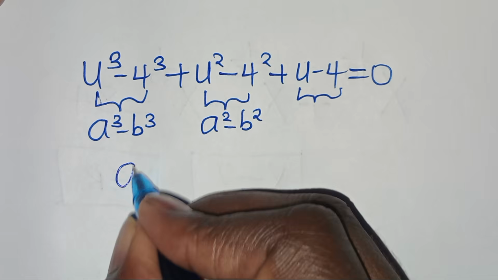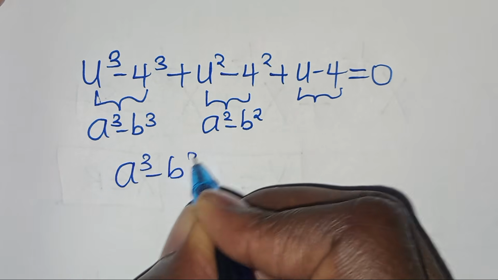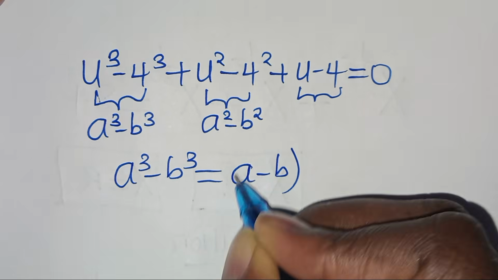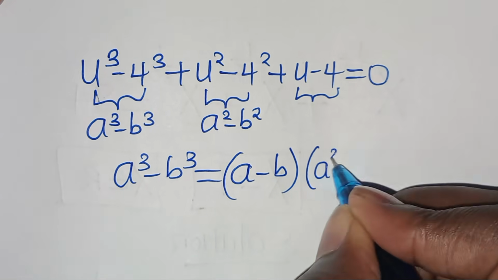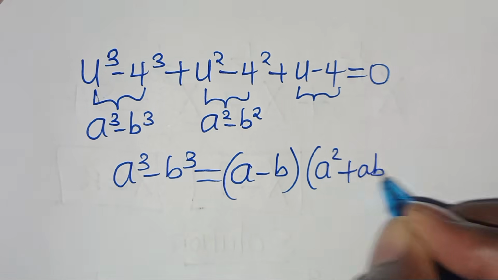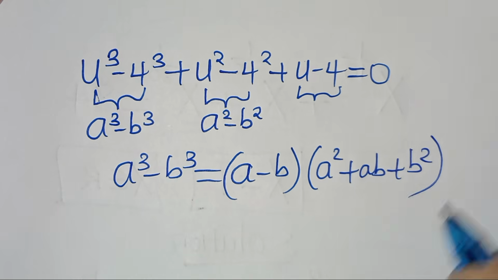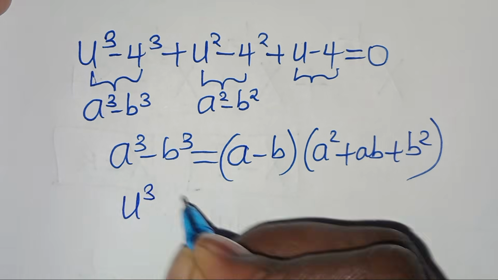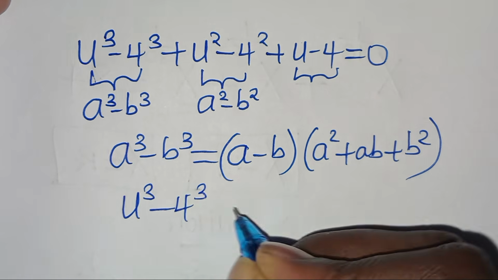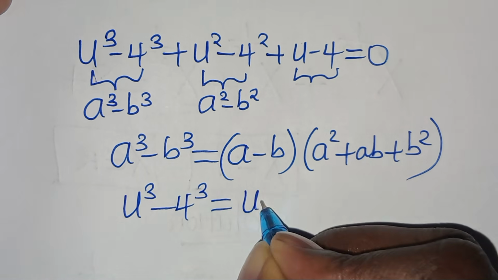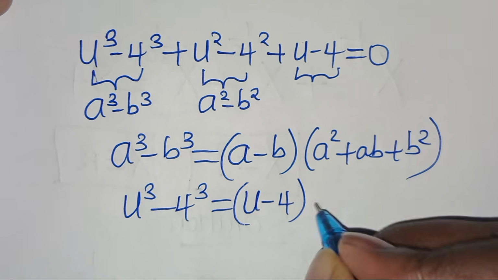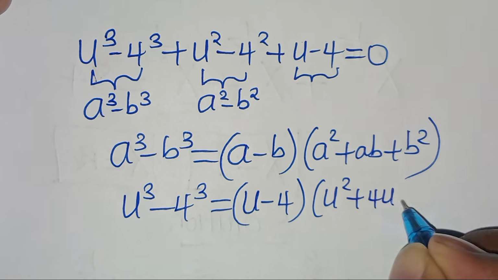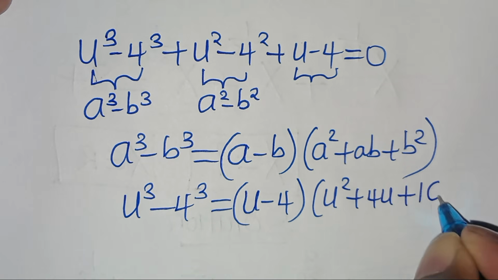So we have that a to the power of 3 minus b to the power of 3 can be expressed as a minus b, a to the power of 2 plus a times b plus b to the power of 2. Applying this identity, then u to the power of 3 minus 4 to the power of 3 can be expressed as u minus 4, then we have u to the power of 2 plus 4u plus 4 squared, which is equal to 16.